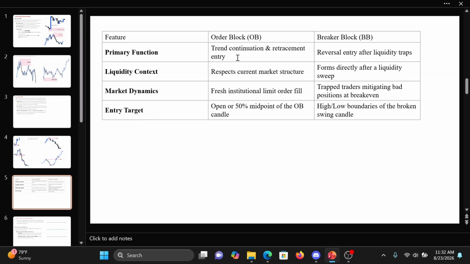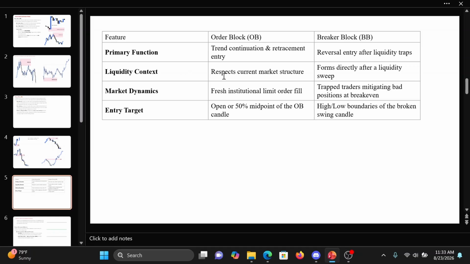Then the breaker blocks, these are areas of reversal. So now after liquidity has been taken out, we want to see price coming back and now reversing that direction from where it was going. We want to see the reversal happening.